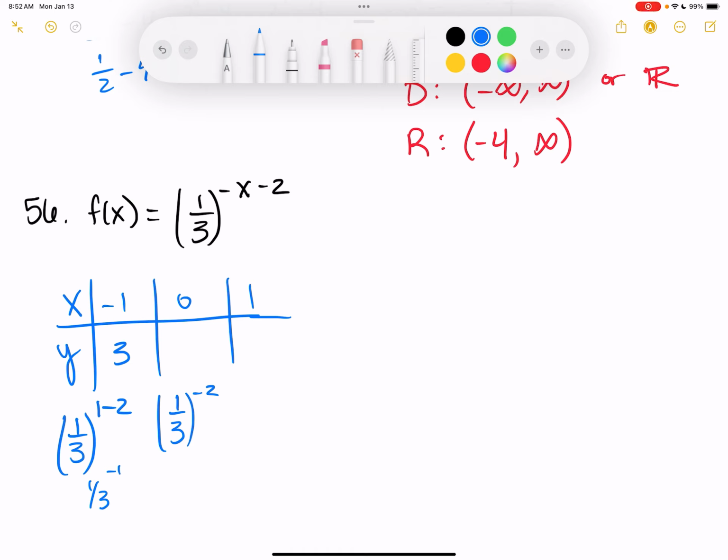It flips it, so that would give me 3 to the 2, which is 9. And then when I plug in 1, I'll have 1/3 to the -1 minus 2, or 1/3 to the -3. That's going to flip, so it'll give me 3 to the 3rd, which is what?